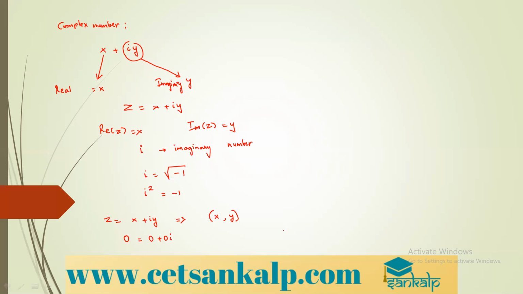If you have a real number x, you can write it as x plus 0i. If you have an imaginary number, you can write it as 0 plus iy, which you can write as iy.